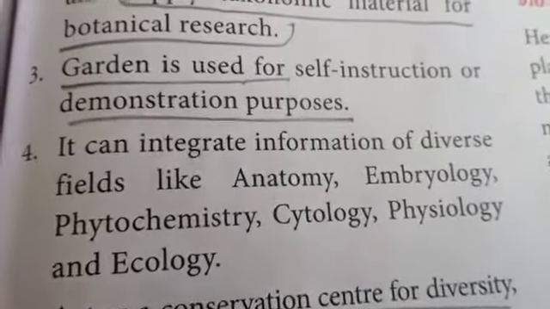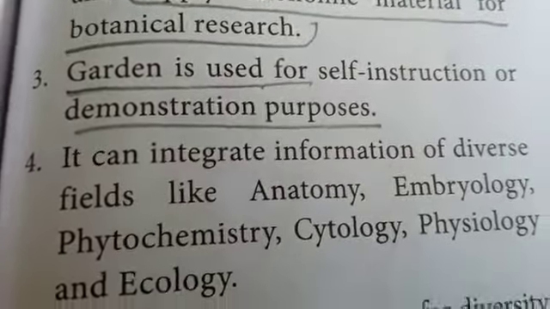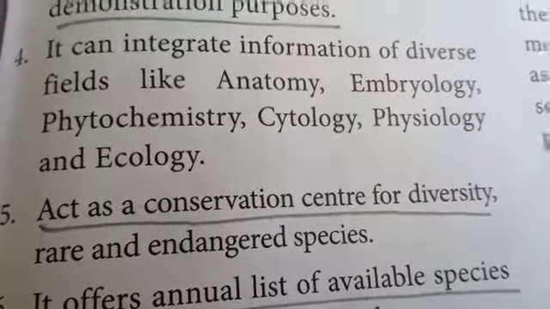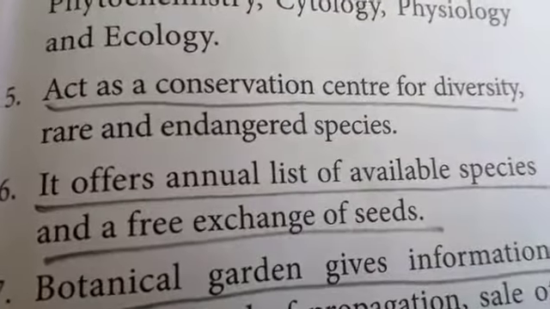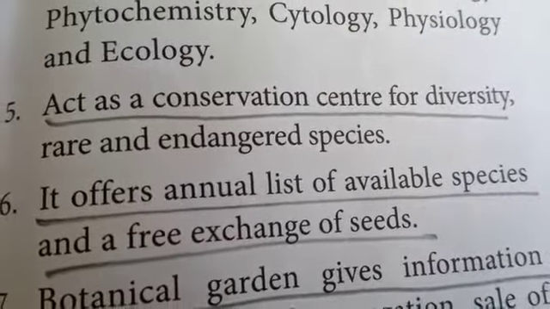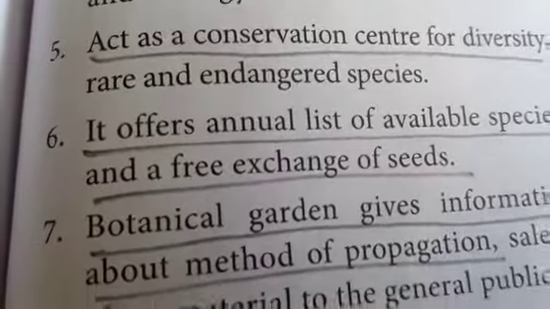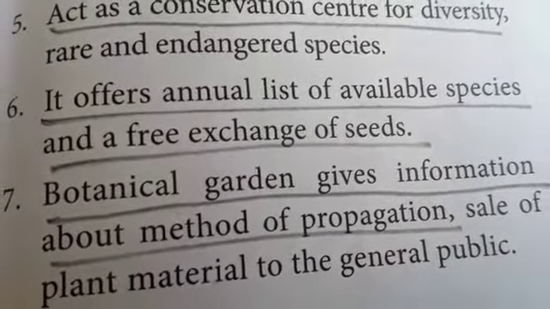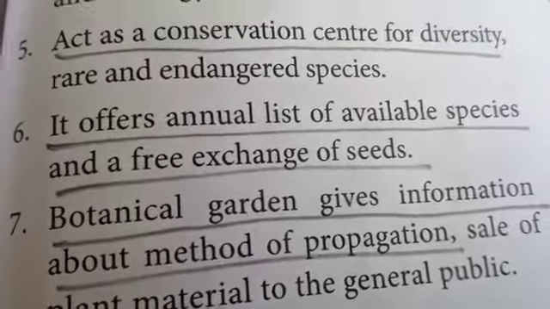And fourth point, it can integrate information from various fields. Fifth point, it acts as a conservation center for biodiversity. And sixth point, it offers an annual list of available species and a free exchange of seeds. And the last point is, it gives information about methods of propagation and sale of the plant material to the general public.